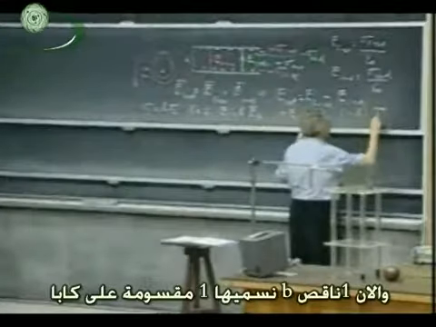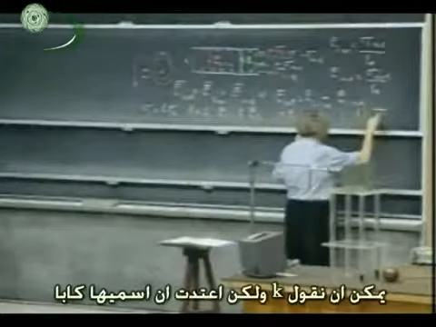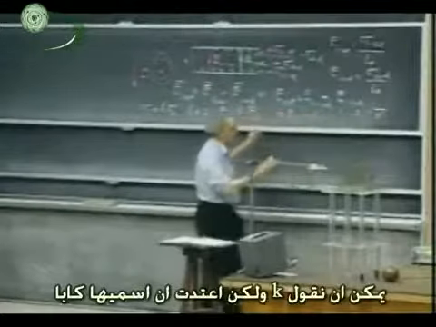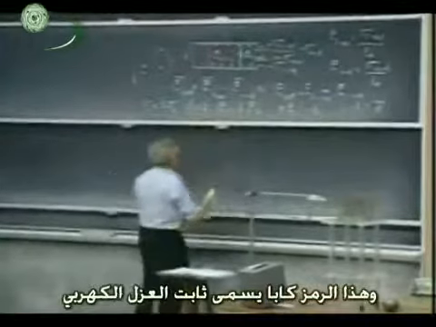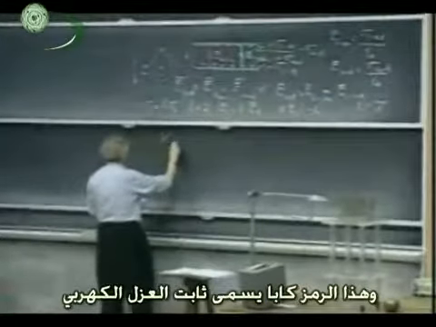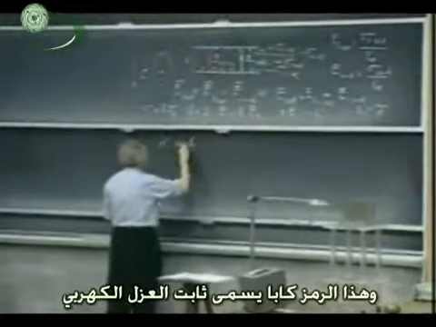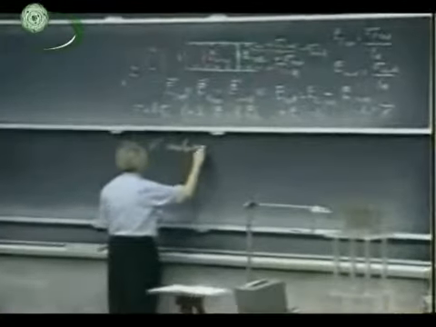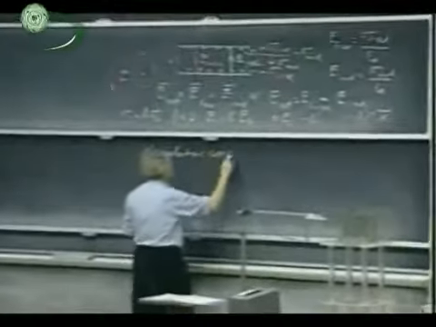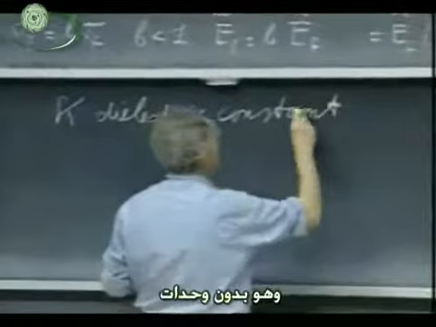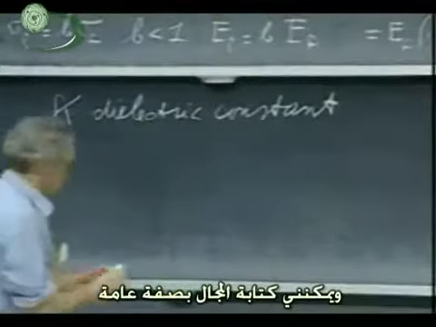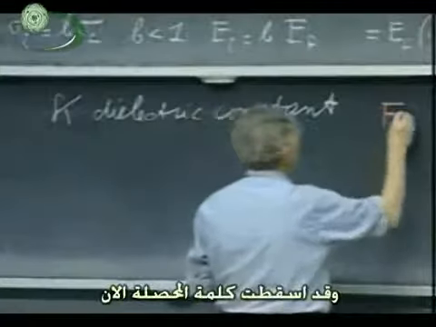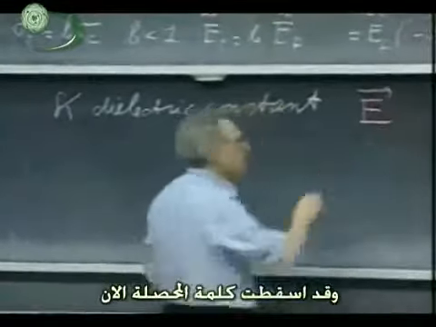And that 1 minus B, we now call 1 over kappa. Our book calls it 1 over K, but I'm so used to kappa that I decided to still hold on to kappa. And that K, or that kappa, whichever you want to call it, is called the dielectric constant. It's a dimensionless number. And so I can write down now, in general, that E, and I drop the word net now.